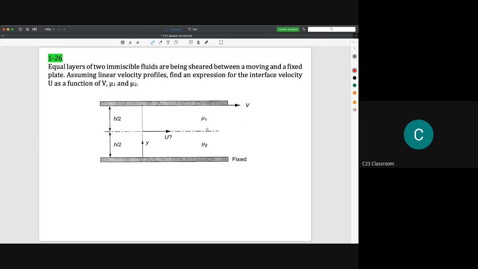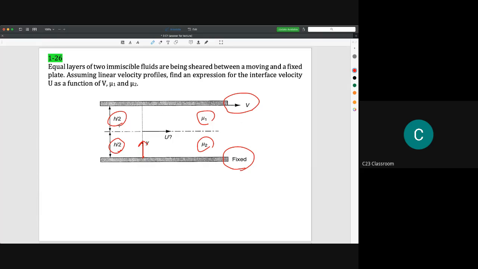So again, let's say we have these two plates, with the top one moving at velocity v and the bottom one fixed. Now we have two different dynamic viscosities, mu1 and mu2, and the gaps are h/2 and h/2.